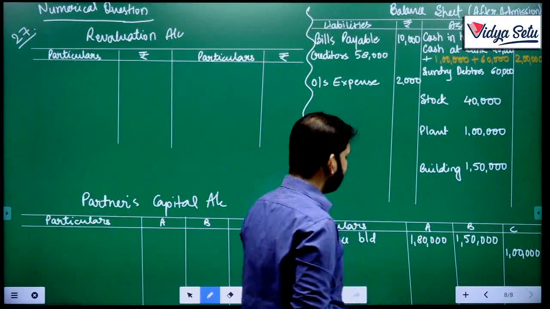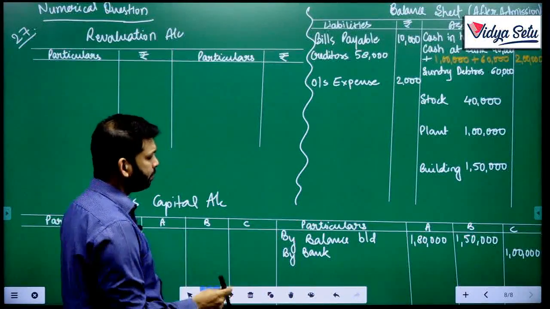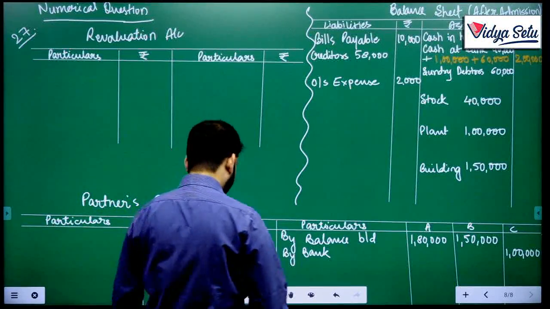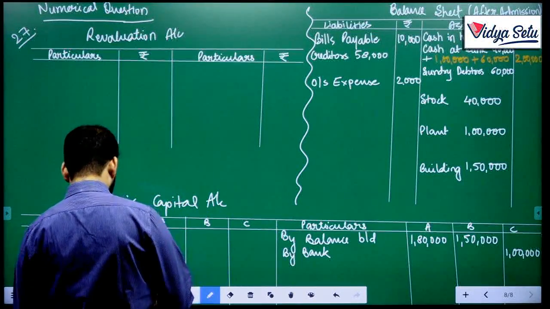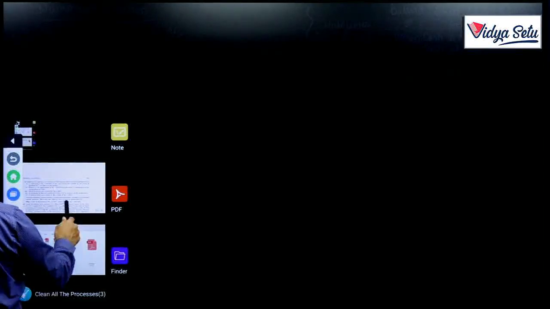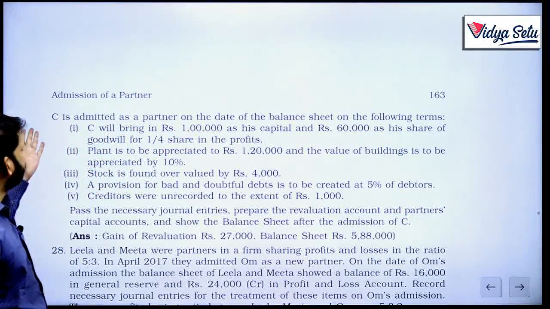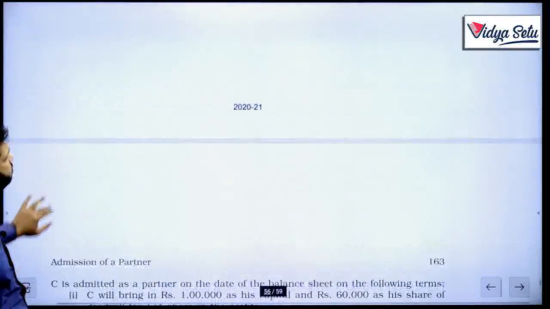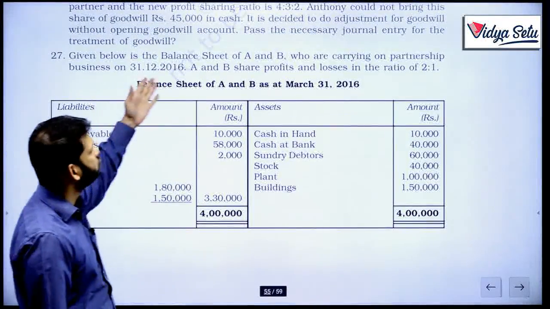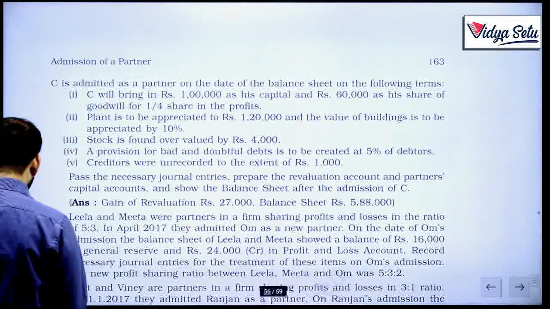Okay, and this 60,000 will be given to whom? To the sacrificing partners. Now let's find out the sacrificing ratio. Is there any information about how he is taking the share? No, nowhere it is mentioned. So what will happen? The old ratio 2:1 becomes the sacrificing ratio.